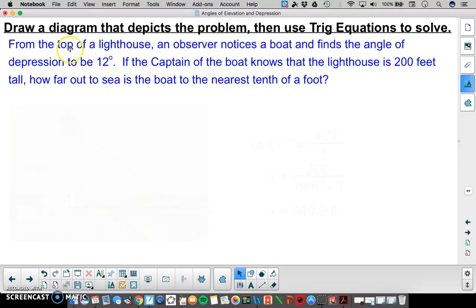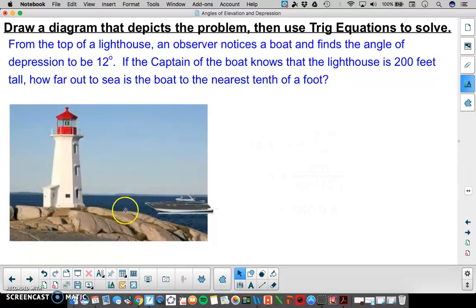Our next example, from the top of a lighthouse, an observer notices a boat and finds the angle of depression to be 12 degrees. If the captain of the boat knows that the lighthouse is 200 feet tall, how far out to sea is the boat to the nearest tenth of a foot?